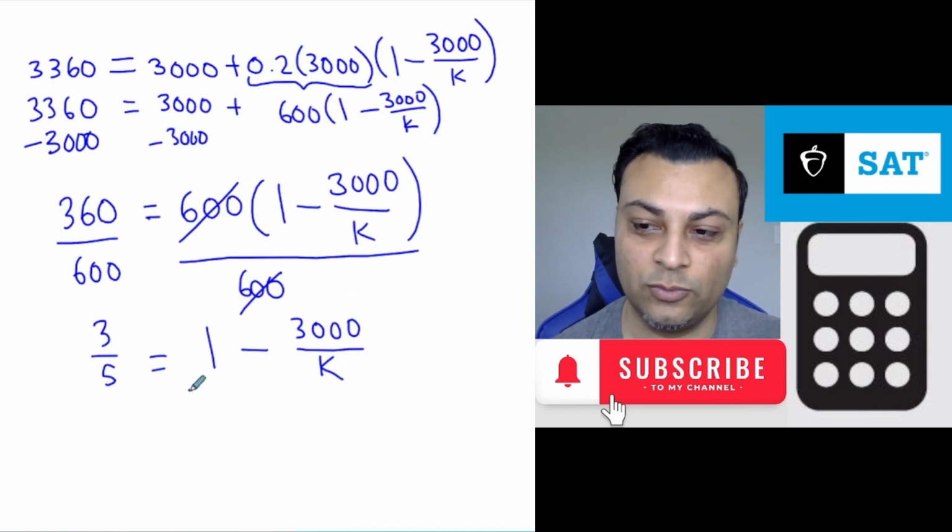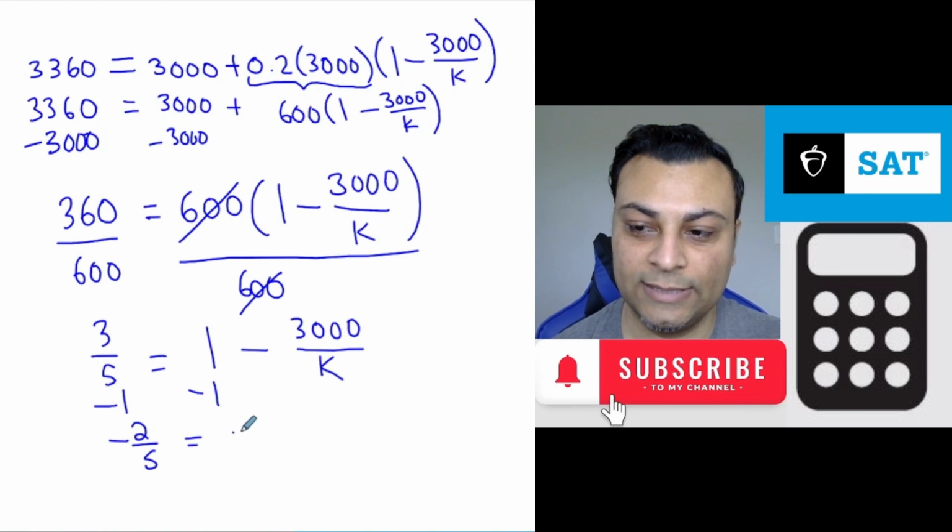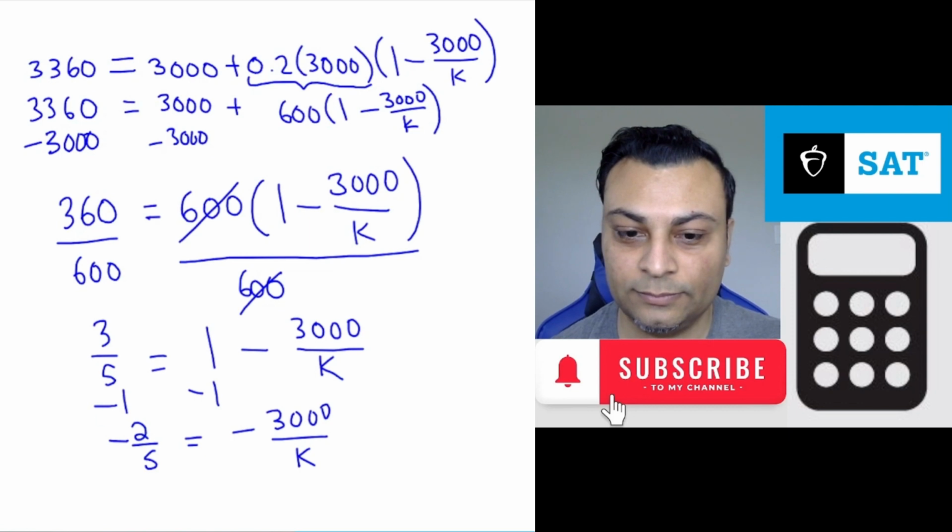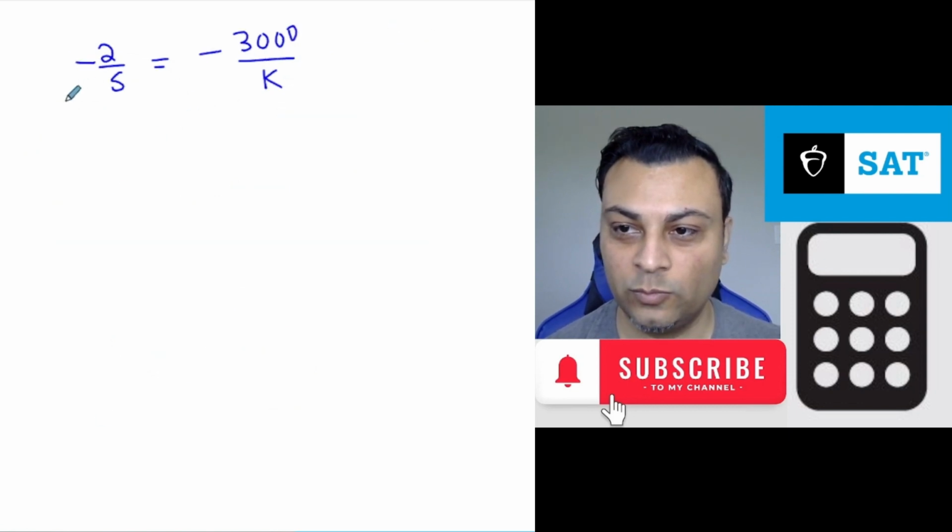But let's go ahead and subtract 1. Subtract 1. This is negative 2/5 equals negative 3,000 over K. When you divide by negative 1, let's do that on the next page. We divide this by negative 1, and we divide this by negative 1.